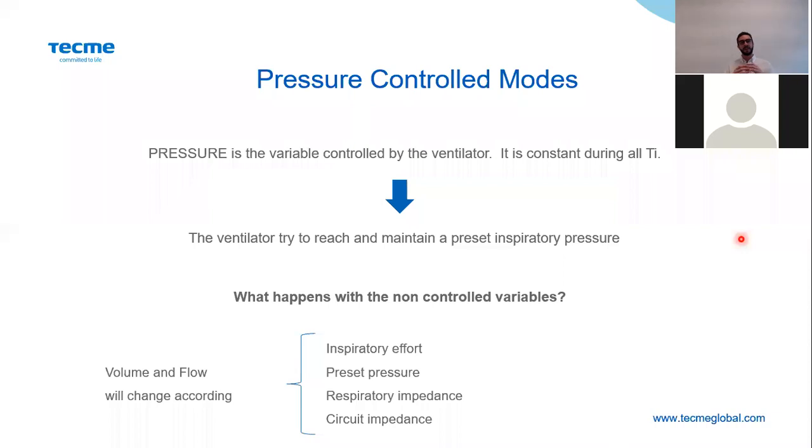But then you will have a non-controlled variable. If you control the pressure, you cannot control the volume or the flow. So those two variables, volume and flow, will change in a pressure control mode.